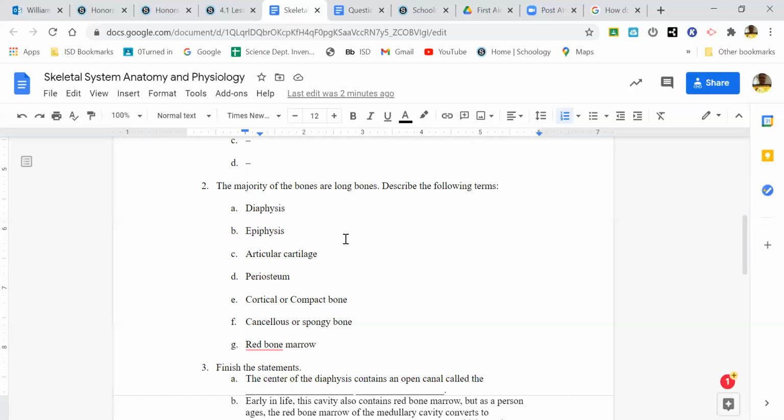Articular cartilage covers the end of the epiphysis and acts as a cushion.